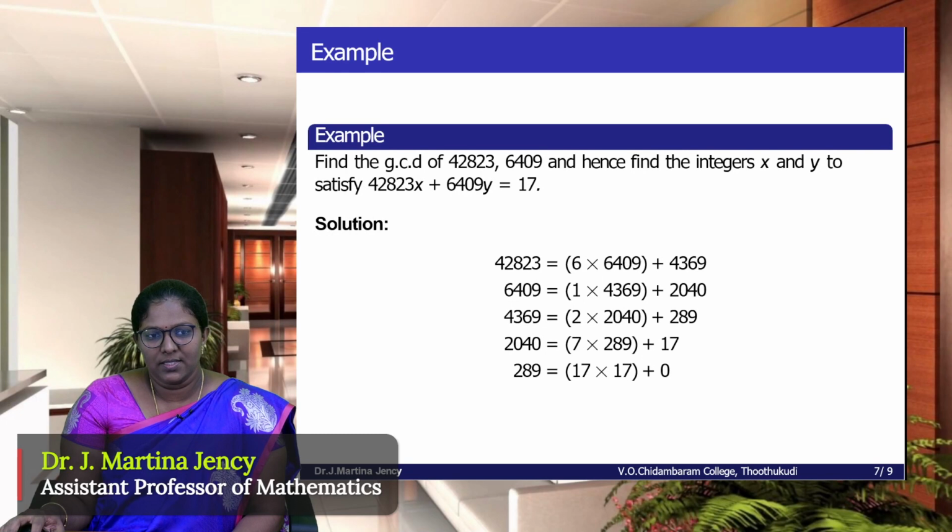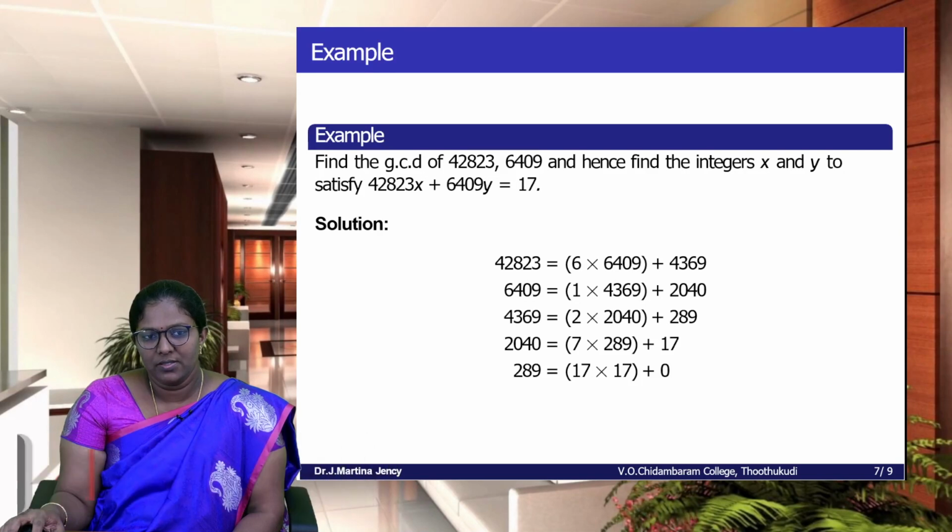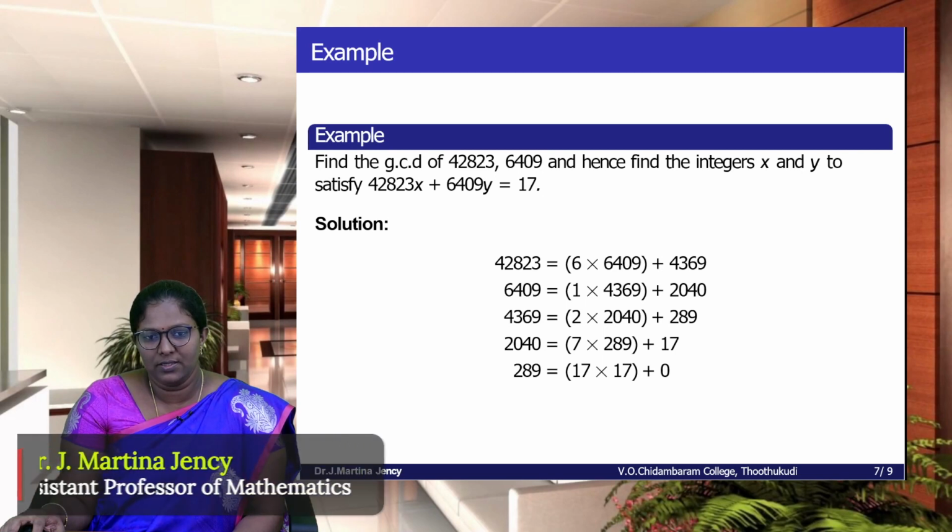Next comes another example: finding the GCD of the numbers 42,823 and 6,409, and also expressing it as a linear combination. The problem is to find the GCD of the numbers and hence find the integers x and y to satisfy this relation. By using the Euclidean algorithm, first we find the GCD of those two numbers.